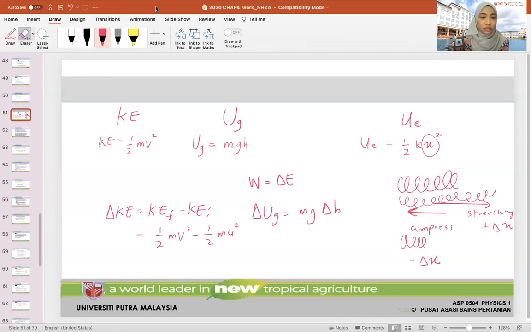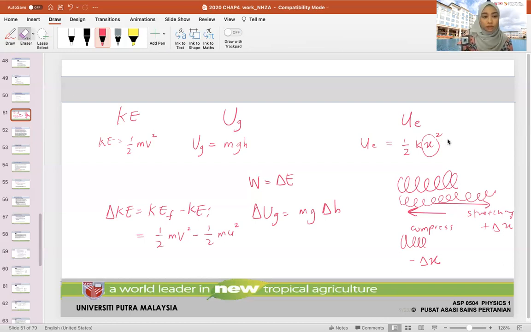Your k does not change, it is the property of the spring. If your spring is hard or soft, k tells us the property of the spring. So that does not change. Whether we stretch or compress, it's the same material, right? So the k does not change. The only change here is x. So when you have a change in x, you would have work done.